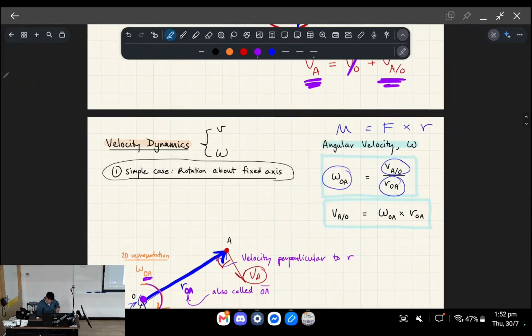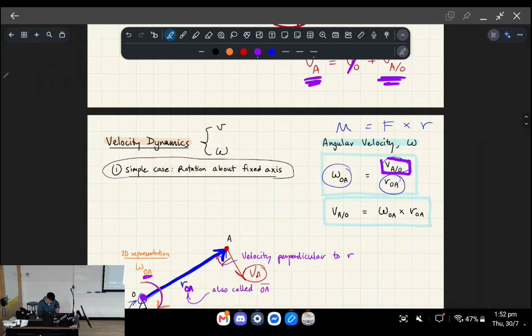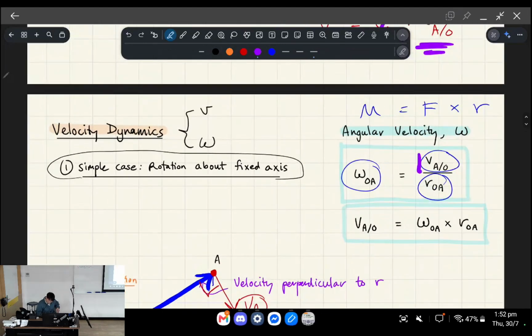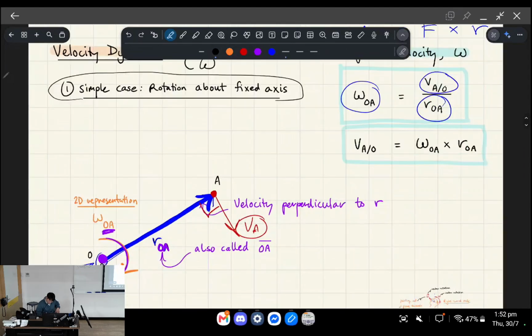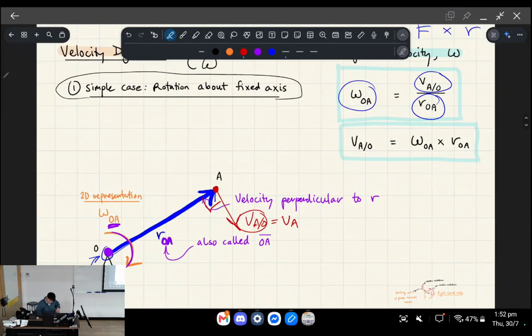In all of these formulas, in reality, the linear velocity is always the relative velocity, but in this particular scenario, VAO is equal to VA, in the case of one of the ends being fixed translationally. Does that make sense?